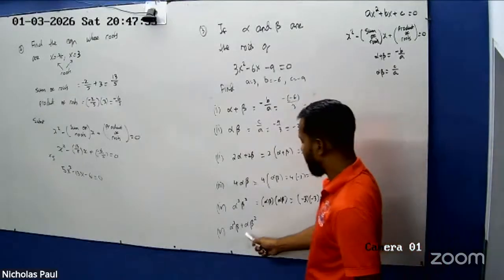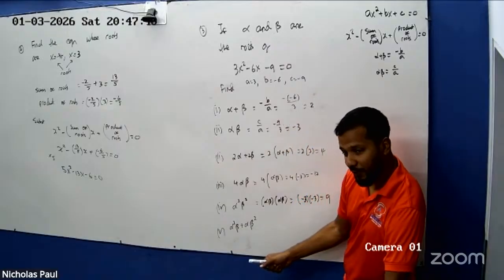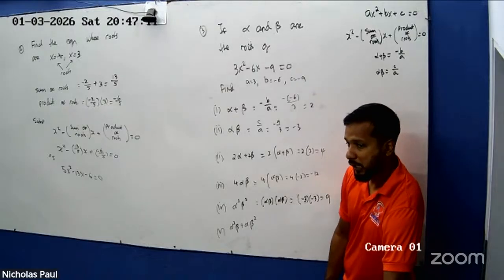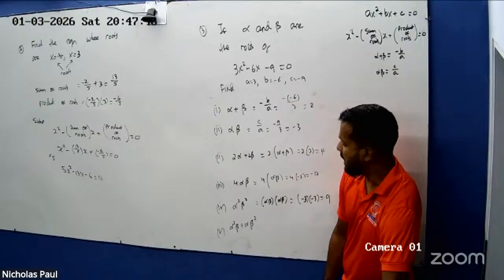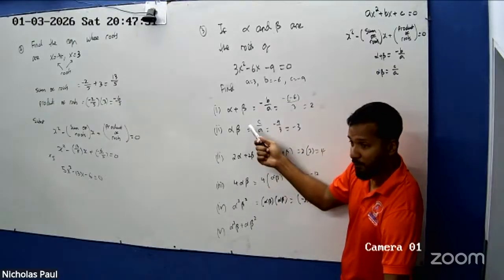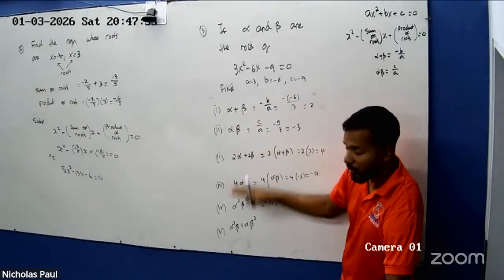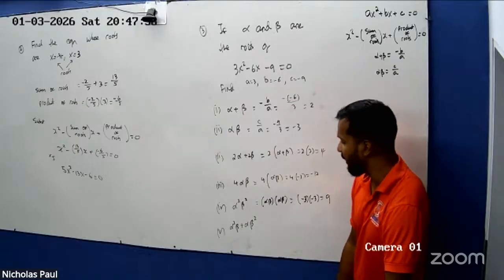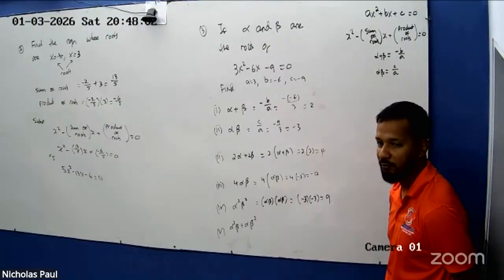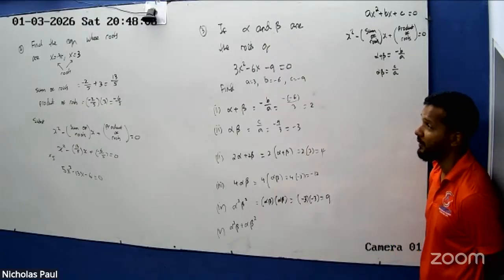Now for this one. How are you going to get alpha squared beta plus alpha beta squared? How are we getting that from this? Everything that you find here comes from these two. How do I get alpha squared beta plus alpha beta squared? Anybody online can answer as well.